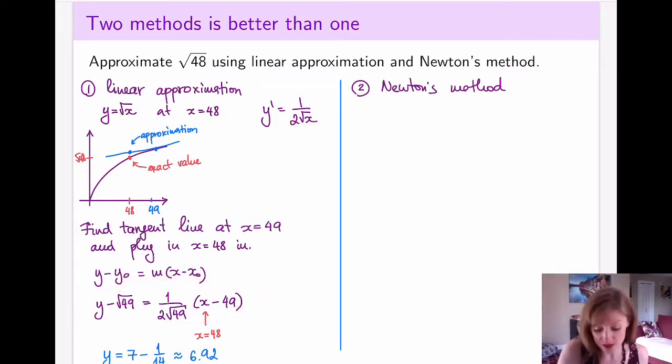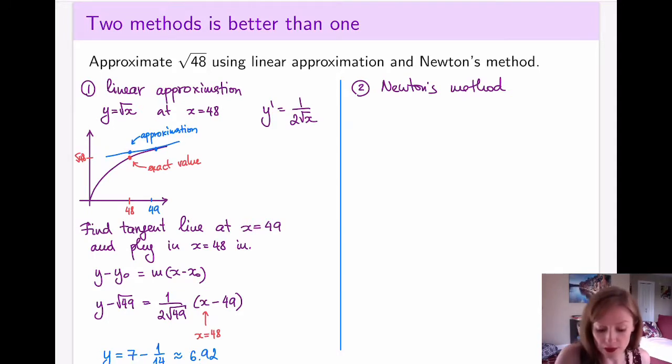And only once I've done that am I going to plug in x equals 48 in order to find the approximate y value. Okay, and so you should get something like this, 7 minus 1/14, which is approximately 6.92. Again, the graph here emphasizes the fact that the approximation that you've ended up with is an over approximation because this point lies above where the point on the function does.